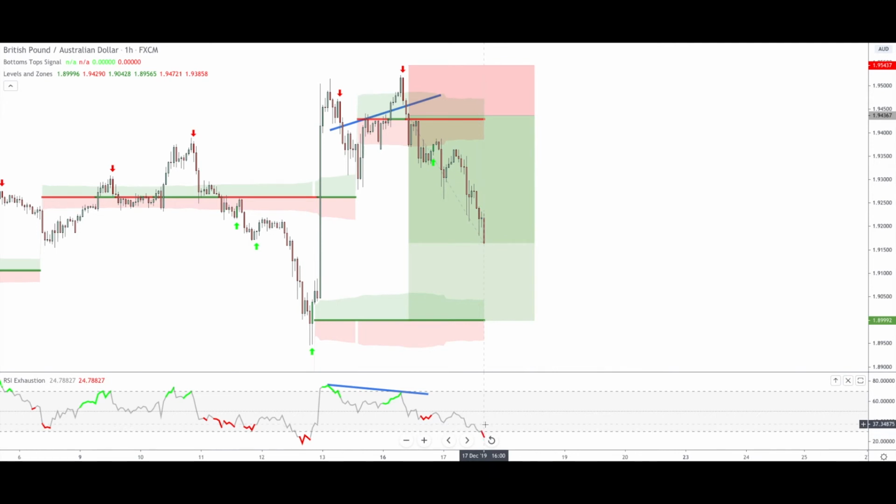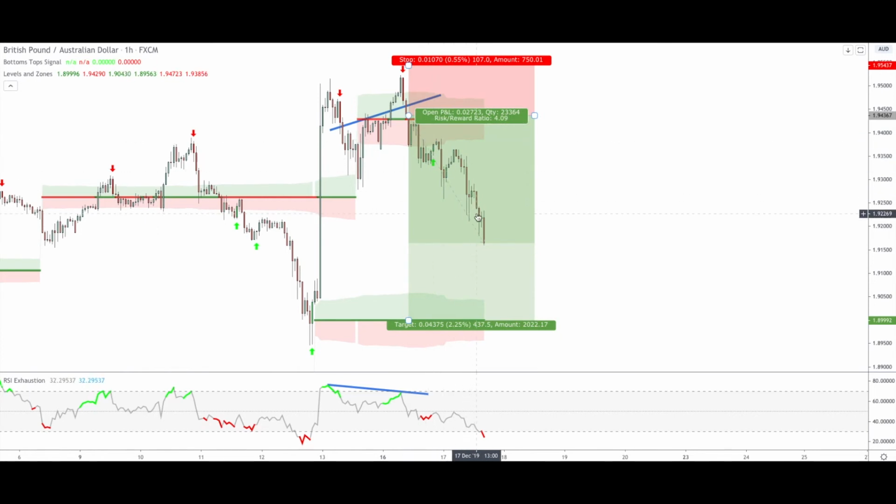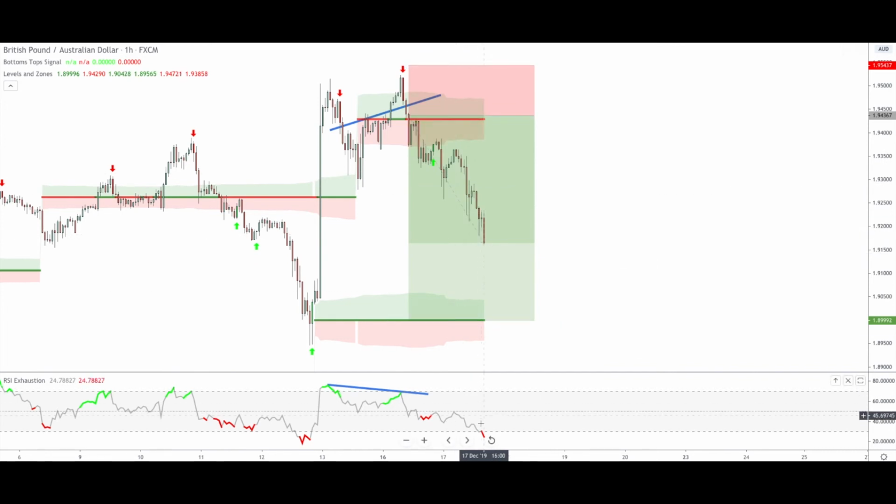This is actually a good indication that the price should continue to go down, because when the price goes down quite rapidly, and the RSI decreases this fast and follows the same kind of movement as the price, and then it becomes oversold and even exhausted, it means that the price could move even faster, or at least continue to move in the same direction, so in this case to the downside.